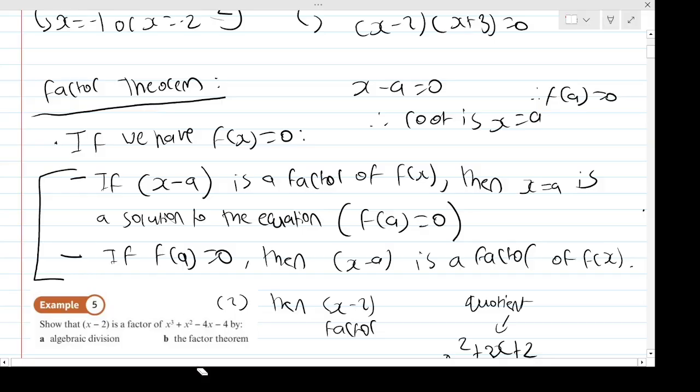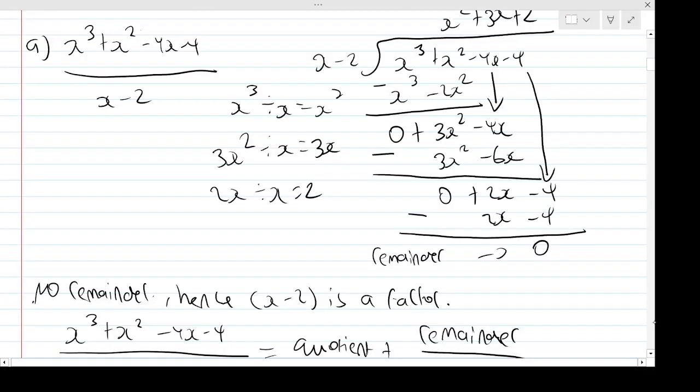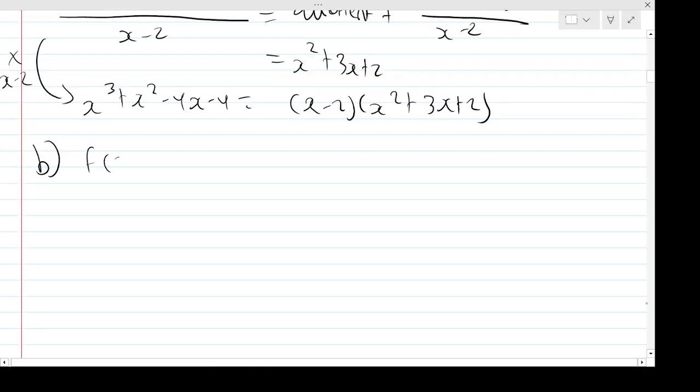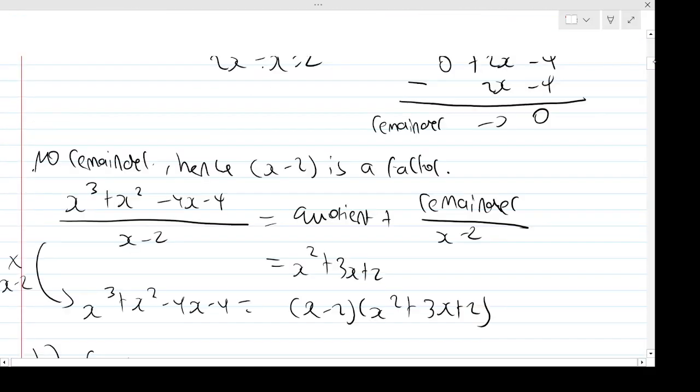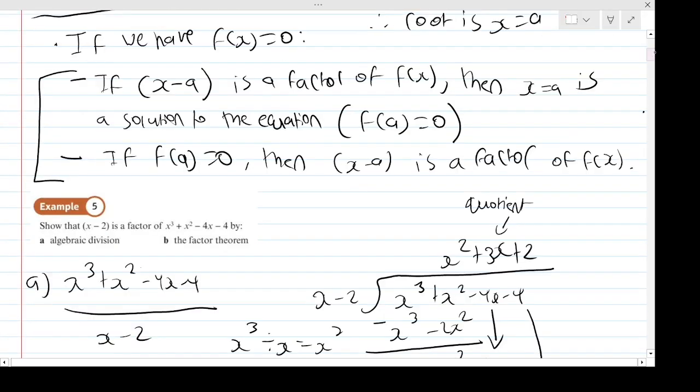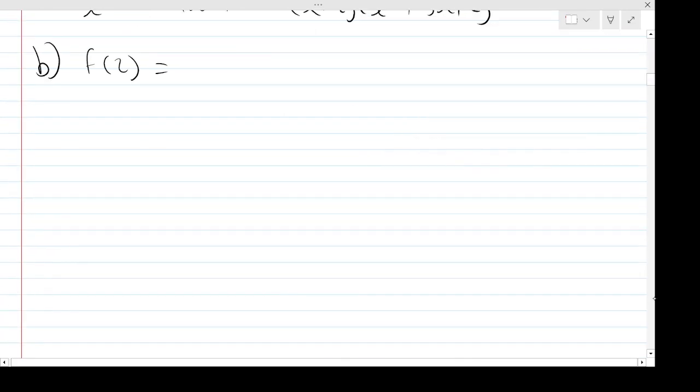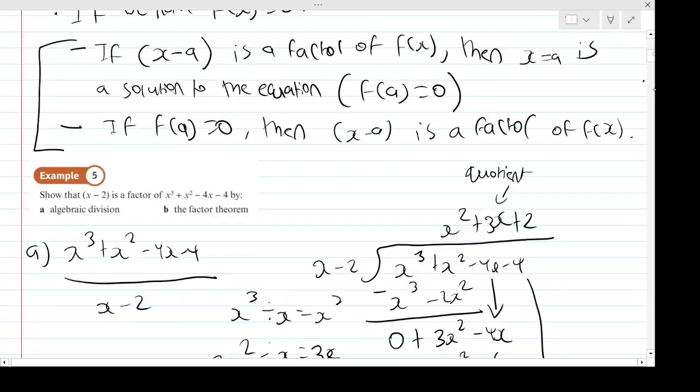So we're going to simply compute f of 2. So then f of 2, and what am I plugging it into exactly? What's my function? Well, it's this expression here, right? This x cubed plus x squared minus 4x minus 4. So that would be 2 cubed plus x squared, so that would be 2 squared.